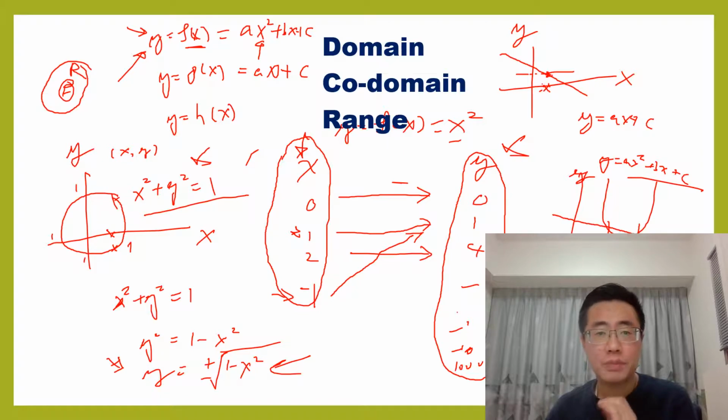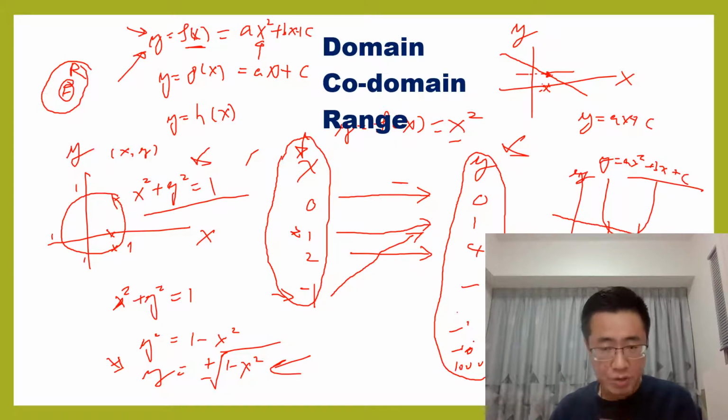The last term is the range. Range represents the set of all possible values of y under the function. Obviously, if you look at the function here, it is x to the power 2. All the non-negative numbers will be the output of this function. So if you look at the example here, -1 and -10 are not in the range.